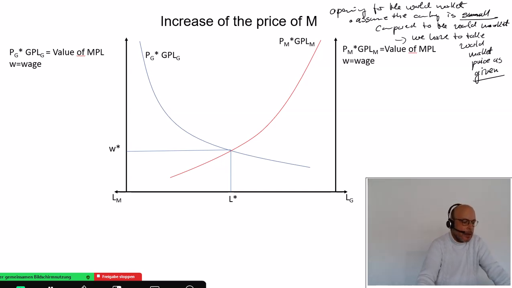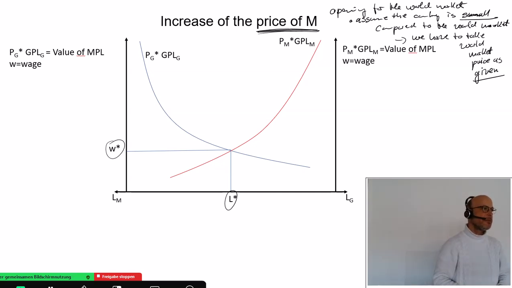And now, and for this you can already think of for the next week, we just assume that at the world market, the price of industrial goods is higher than in our country when we are producing only for us alone. We start here from our labor market equilibrium and then just think of what happens to our curves here.